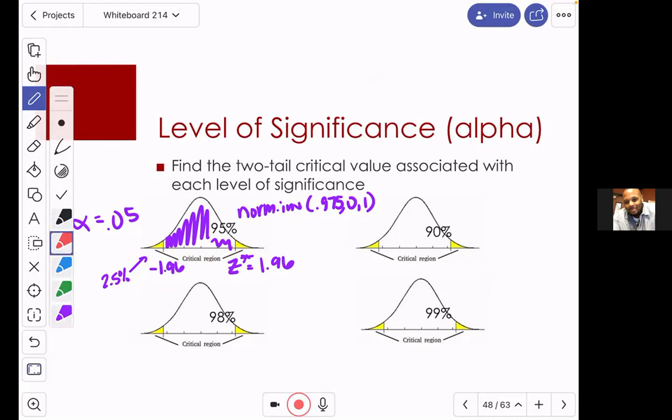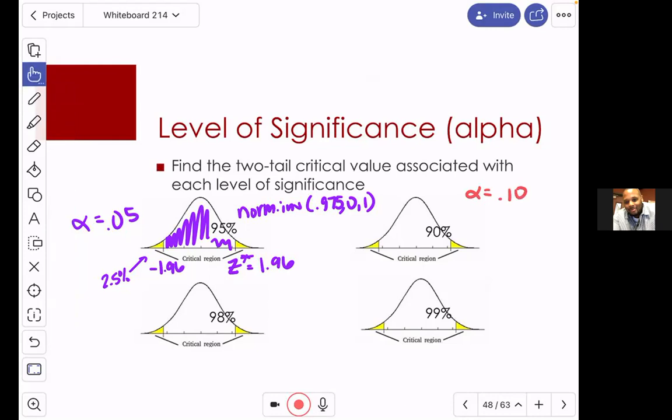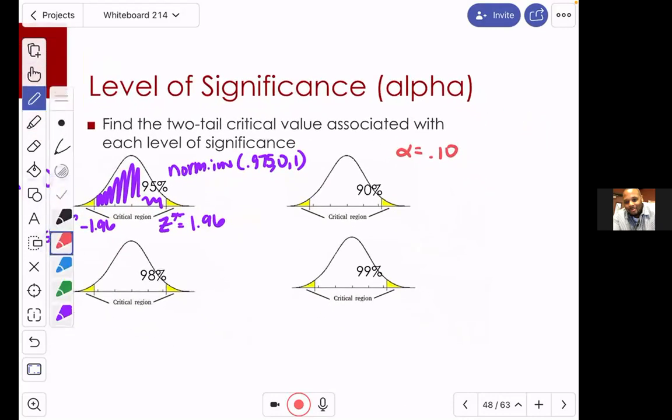So I want to do 90%. At 90%, what's my alpha equal to here? 10%. 0.1, right? And when I calculate this one, I'm going to do norm.inv. It's 10%, so how much is over here? 5%.